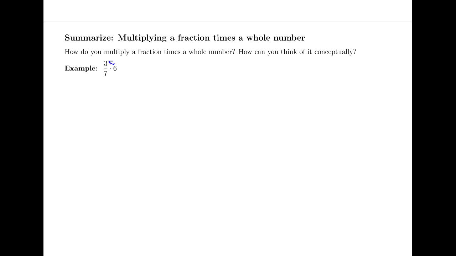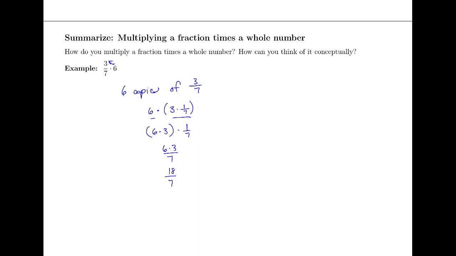I want you to think of it both ways, but this is 6 copies of 3/7, which is 6 times that 3/7 is 3 copies of 1/7. Okay. And so if I think about this as 1/7 plus 1/7 plus 1/7, and if I have that 6 times, that's the same thing as 6 times 3 copies of 1/7, which is 6 times 3/7, okay, or 18/7.